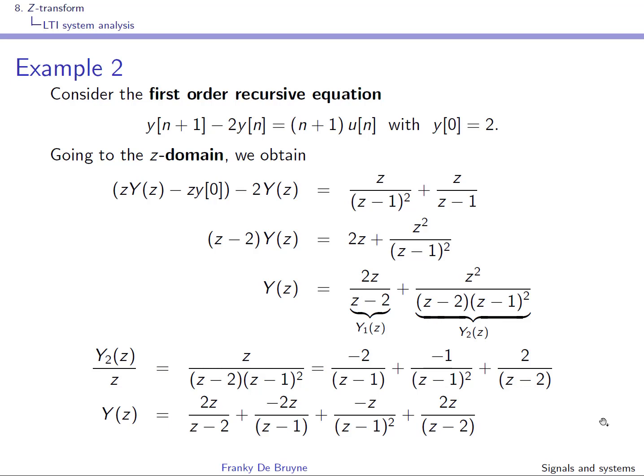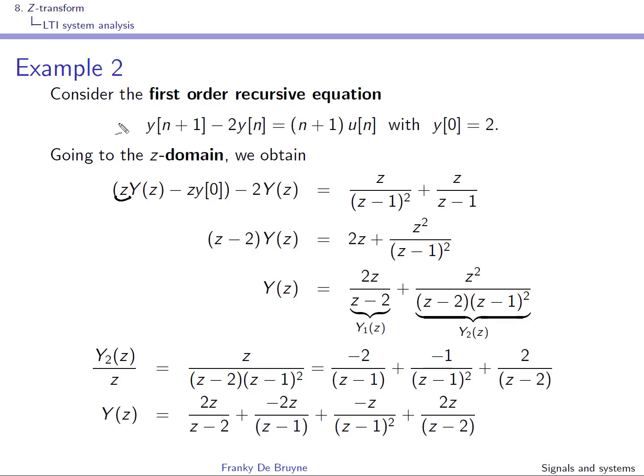When there is time shifting to the left, it is more natural to work with the variable z, and in the previous example we were doing time shifting to the right, and there it's more natural to work with the variable z^-1.